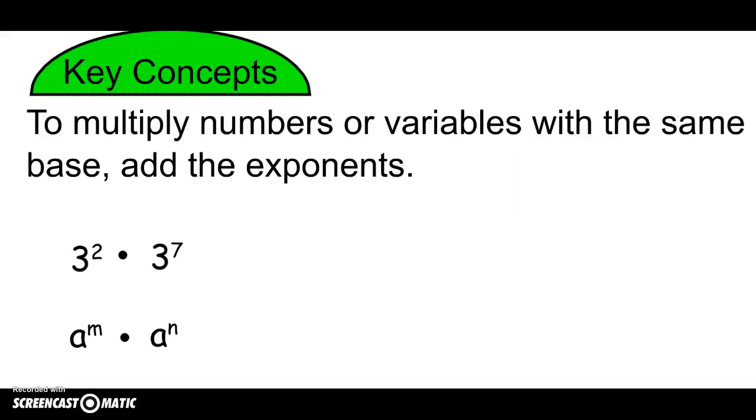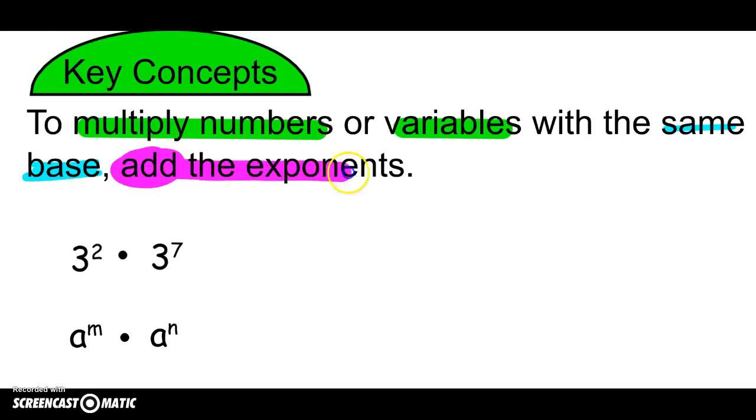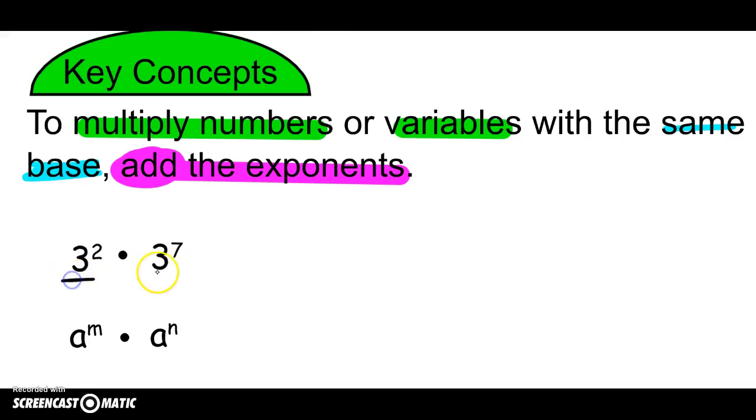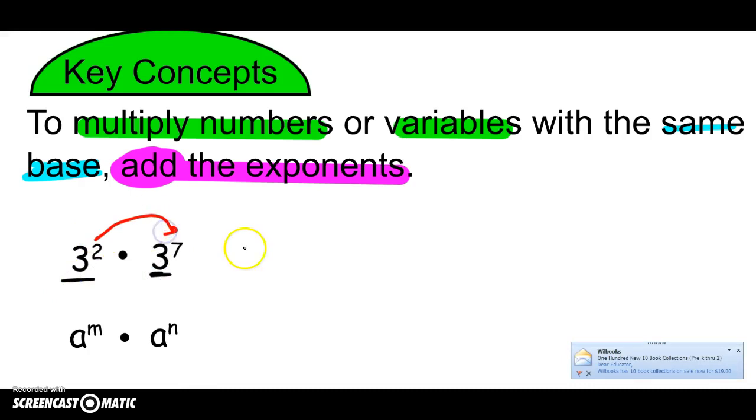So the rule is when we multiply numbers or variables with the same base, and that's the key right there, it has to have the same base, then we do nothing more than add the exponents. If you can memorize that rule, if you understand that rule, you will find out that this makes it so much easier. I have the same base, 3 and 3, so all I'm going to do is add my exponents, and I get 3 to the 9th.